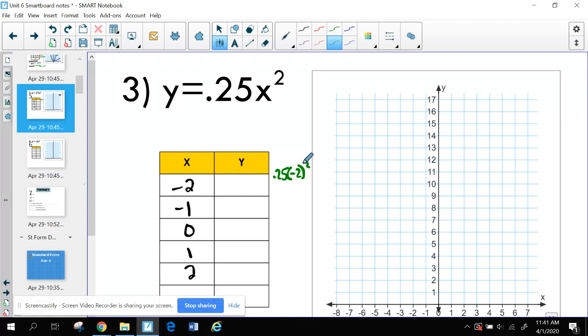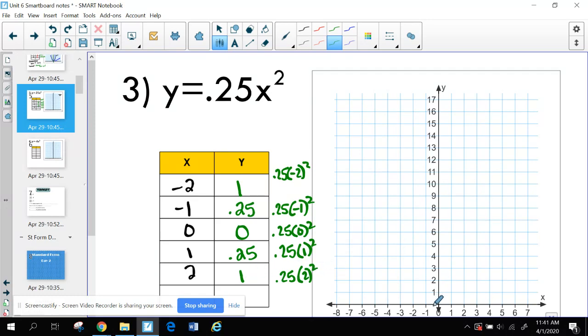Well, -2 squared is a positive 4. 4 times 0.25 gives me 1. Then I'm doing 0.25 times -1 squared. -1 squared is 1. 1 times 0.25 keeps me at 0.25. 0.25 times 0 squared just gets me 0. And then we start to see that these repeat. So 0.25 times 1 squared is the same as with -1 squared, and 0.25 times 2 squared is the same as with -2 squared.